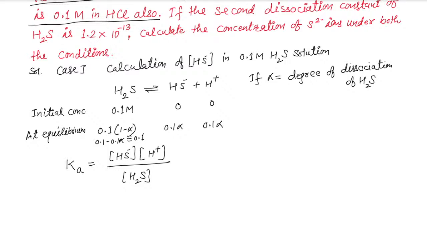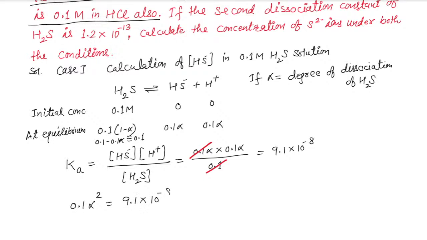So HS is 0.1 alpha, again 0.1 alpha divided by 0.1 only, and that is equal to 9.1 into 10 raised to power minus 8. So 0.1 and 0.1 cancel, and the value becomes 0.1 alpha square equal to 9.1 into 10 raised to power minus 8.